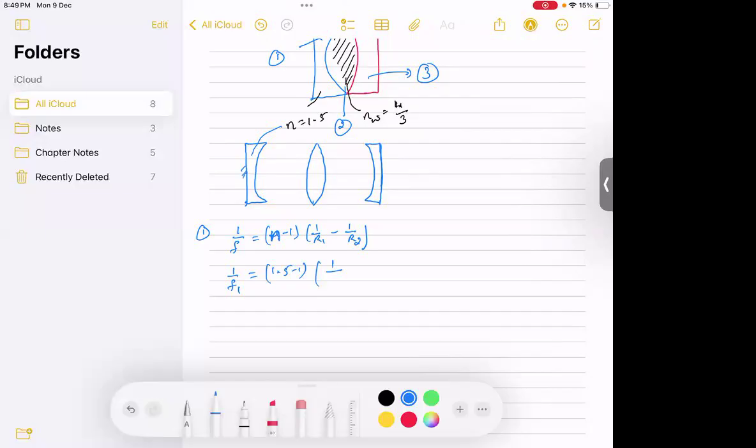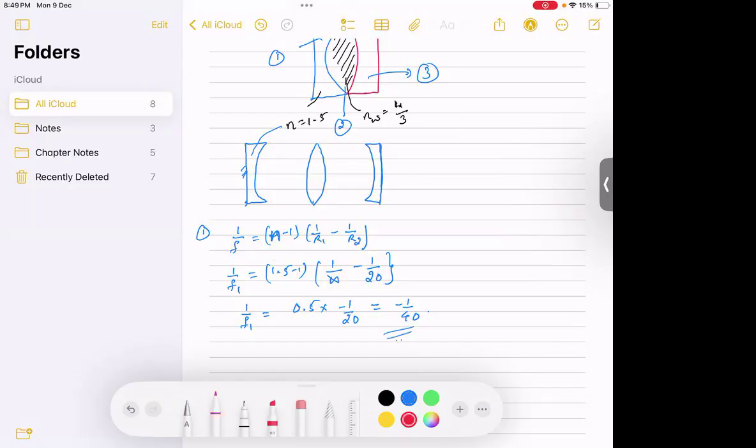Since it is a plane surface, it will be infinity. Radius of the curvature for the second case is 20. So 1 by f1 will be equal to 0.5 into minus 1 by 20, that is minus 1 by 40. So 1 by f1 equals minus 1 by 40.